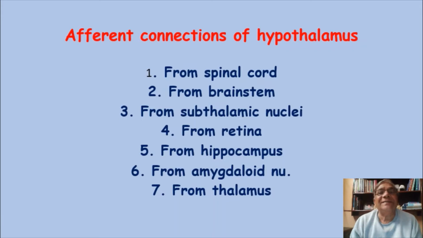In a diagram, I will show you very broadly, very superficially. And similarly from the amygdaloid nucleus. And lastly, its connection with the thalamus. In the next slide, with the help of a diagram, I will show you some of these connections, not all seven, but some.